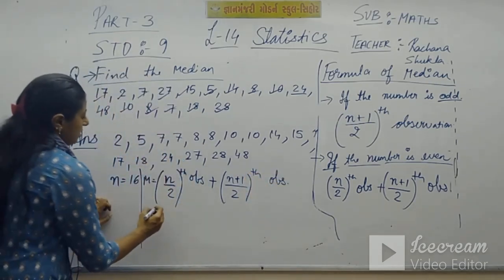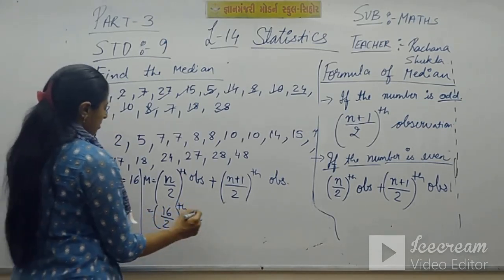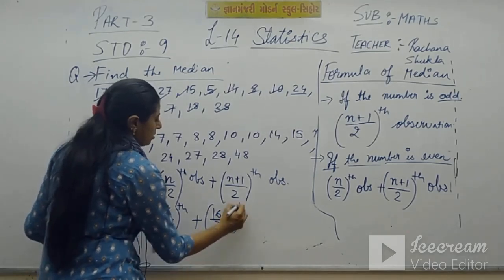Now calculate 16 upon 2 plus 16 upon 2 plus 1.